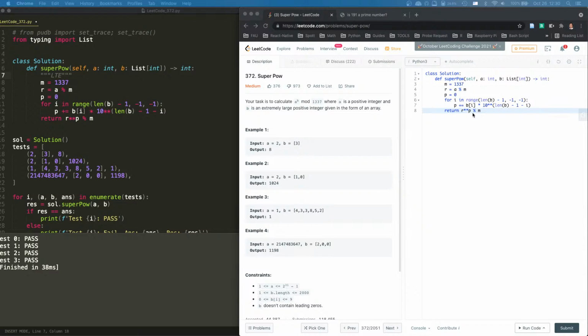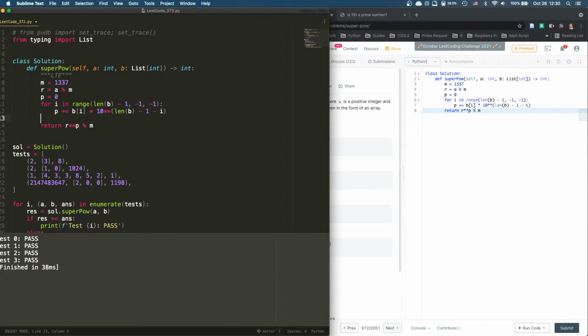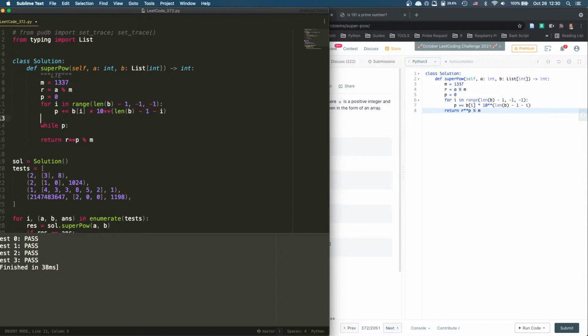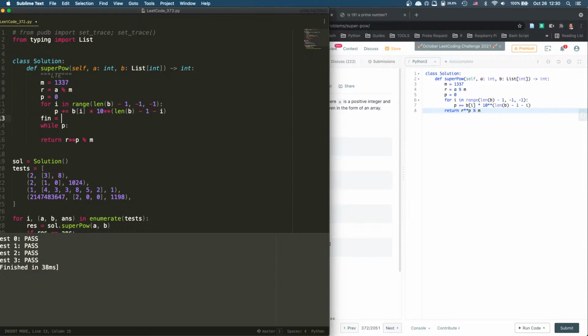So we get the R first, and then we say while, hold on. So we need all this, and we have this, right? Now it should be while p. So while p, that's the power, right? And we say final, let's say equals 1, all right?